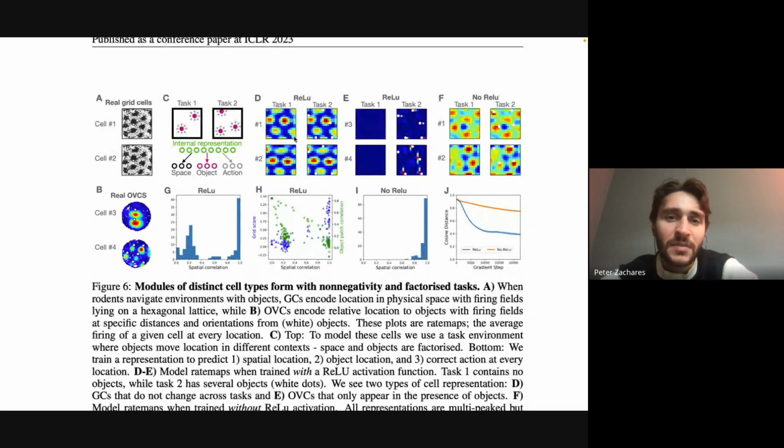And if there are objects, which are these white dots, then you also get it. So this is kind of like grid cells, where grid cells are there no matter what the task is, as long as you want to know where you are in your environment.